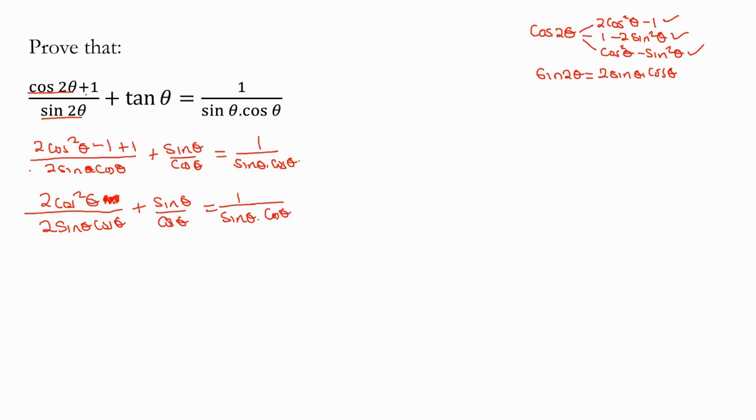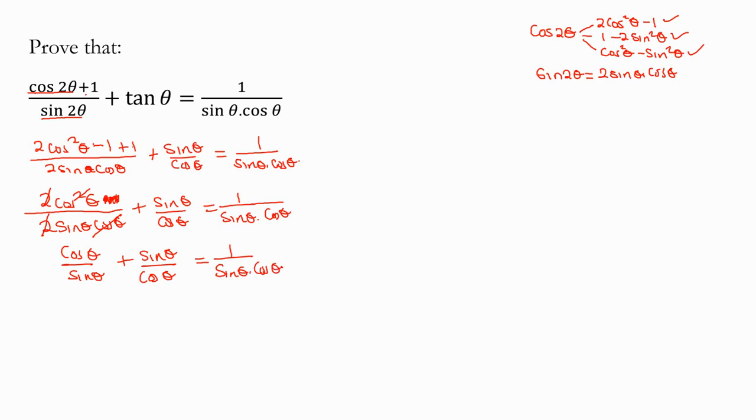Okay, right, and then 2 divided by 2 is 1, and then here we have cos squared theta, means cos theta times cos theta, so we can cancel 1 cos theta here and remain with 1. So it's going to be cos theta here, and then we cancel 1 cos theta there, so we're basically remaining with cos theta over sine theta plus sine theta over cos theta is equal to 1 over sine theta cos theta.